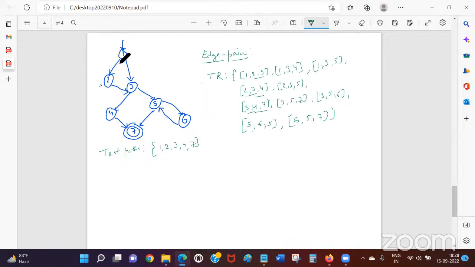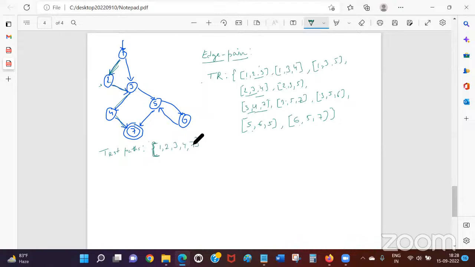Let us check: 1, 2, then 2, 3, then 3, 4, then 4, 7. I got this path, but you can find that not all the pairs are covered here, so I still need more paths.